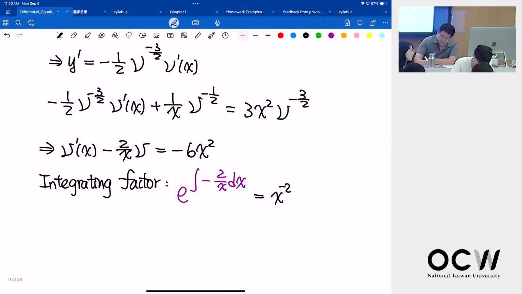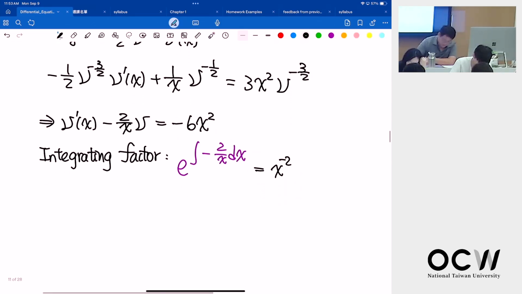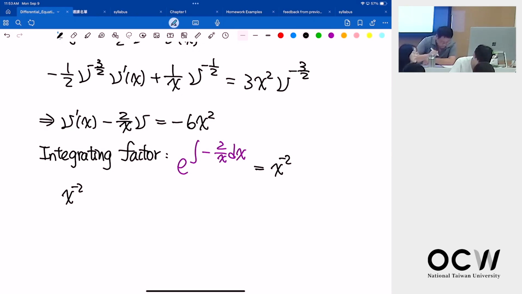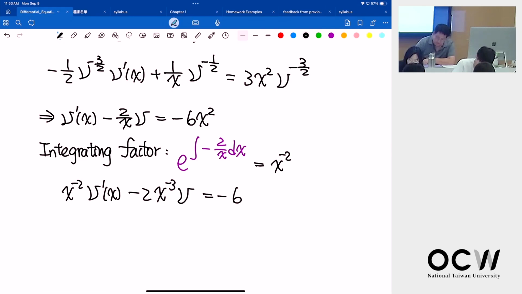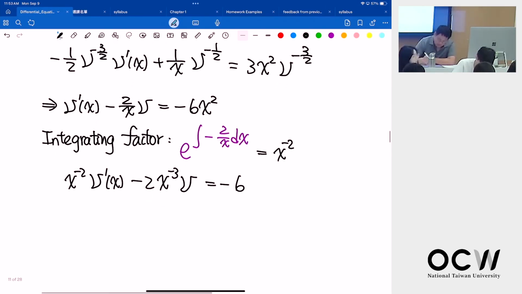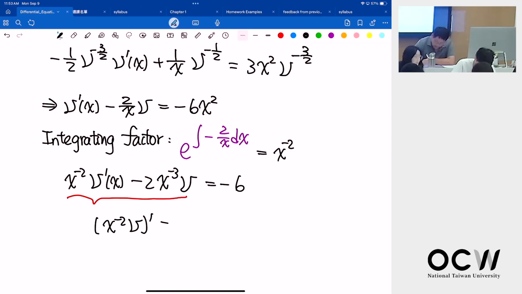So once I have the integrating factor, bring it, multiplied to your differential equation, then you have x to the minus 2 times mu prime minus 2 times x to the minus 3 times mu. That should be equal to minus 6. So overall, we have x to the minus 2 mu, and we take the derivative. That will be minus 6.